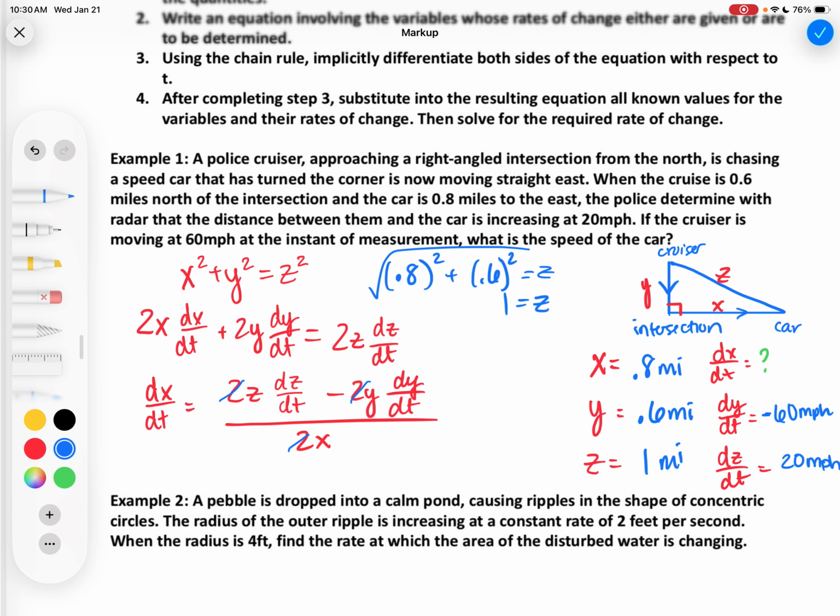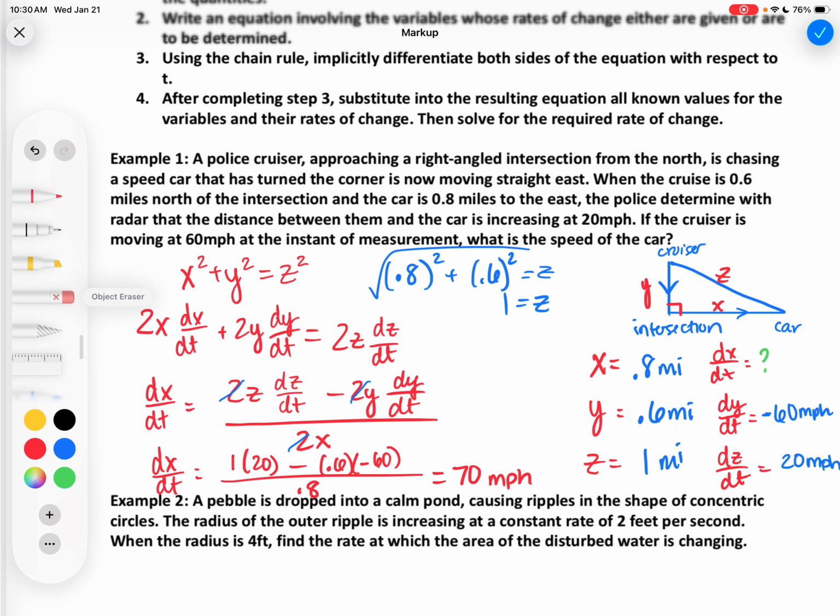So then dx/dt is equal to 1 times 20 minus 0.6 times negative 60 all over 0.8. And that gives me 70, and then that'll be miles per hour.